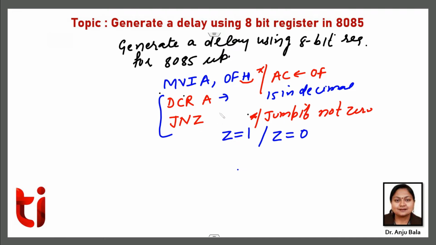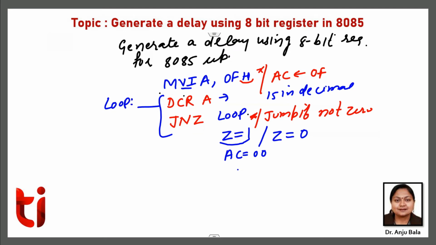Then it will go to the loop again, decrement again, and it will be repeated until your zero flag becomes 1, that is, when the value of the accumulator is 0. So it would be repeated 15 times. In this way, we can generate a delay by taking any value using an 8-bit register.